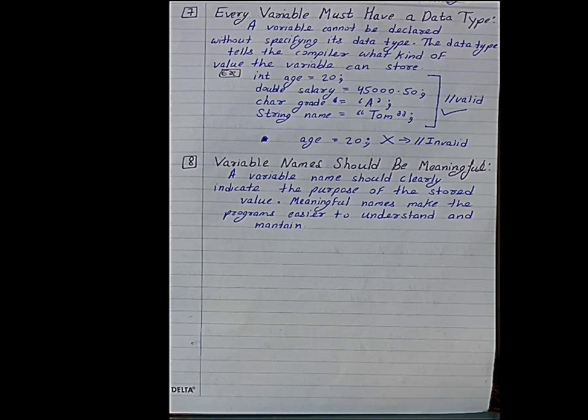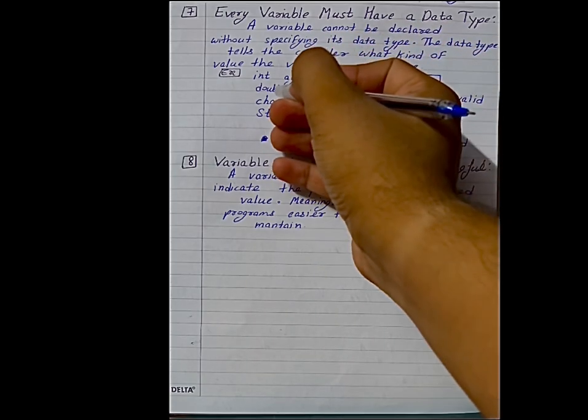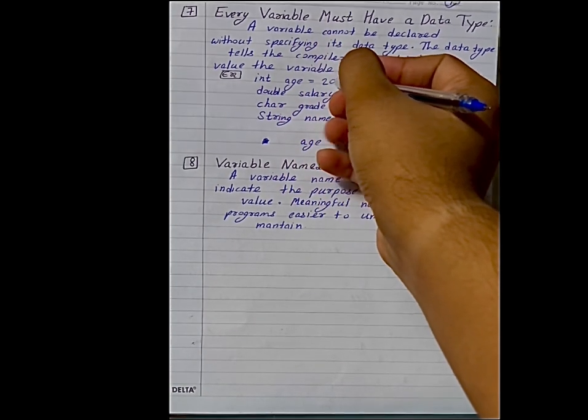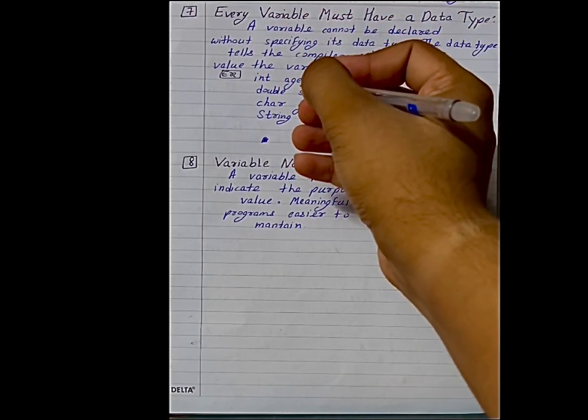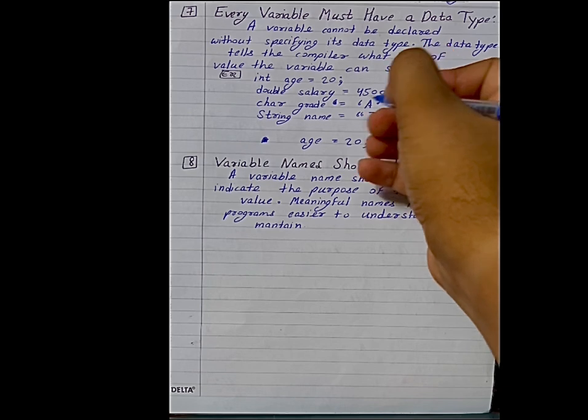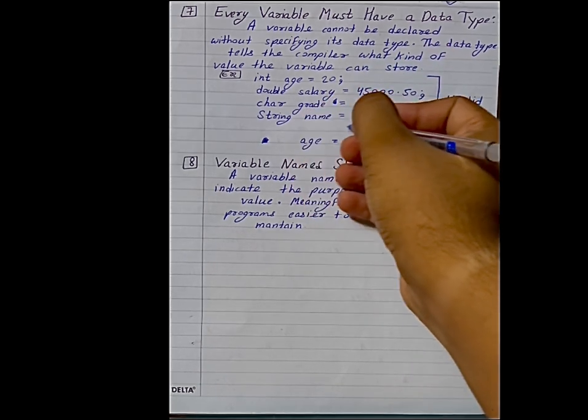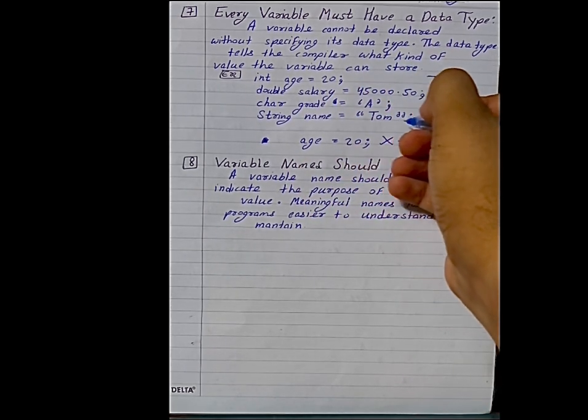For example, int age equals 20, double salary equals 45,000.50. Here we can add any integer value, and there we can add any decimal value. Apart from that, here we can store a character, and in String we can store text.